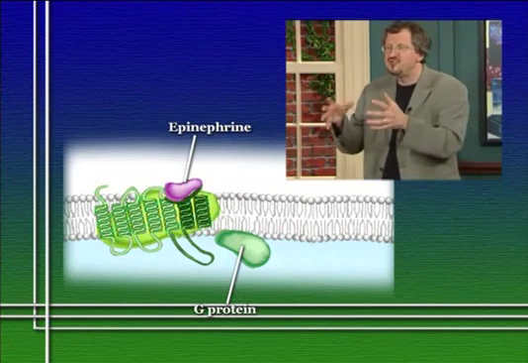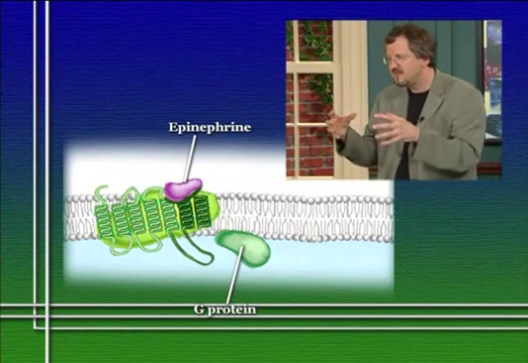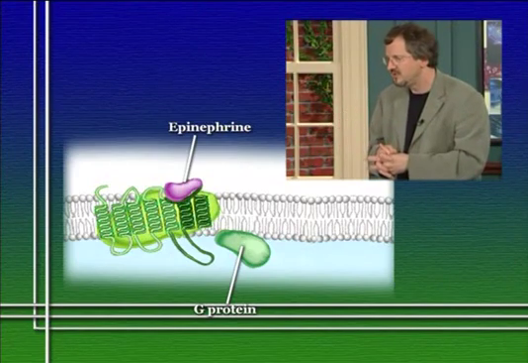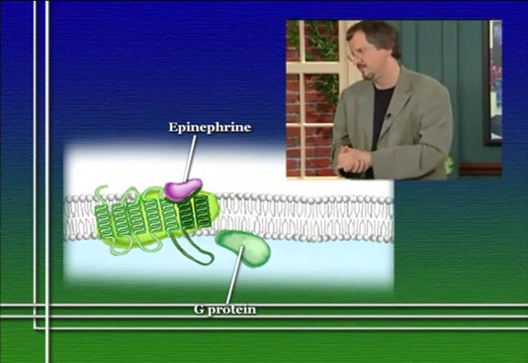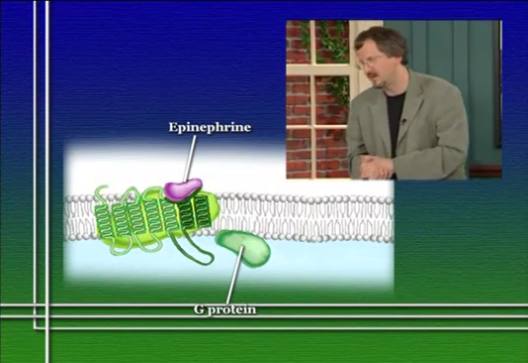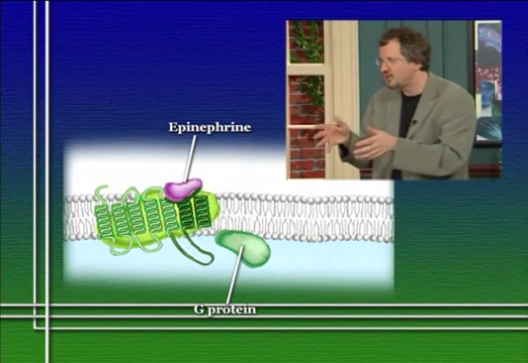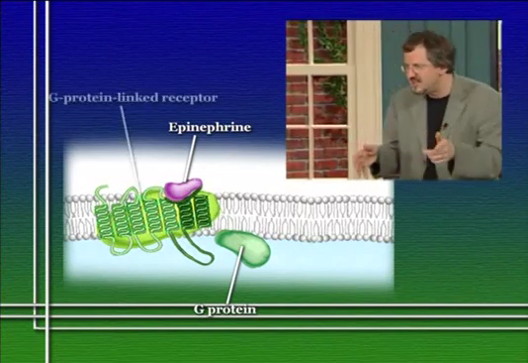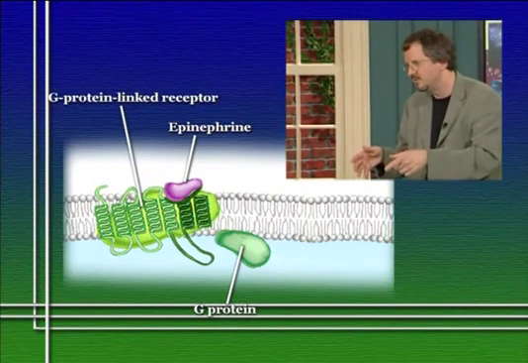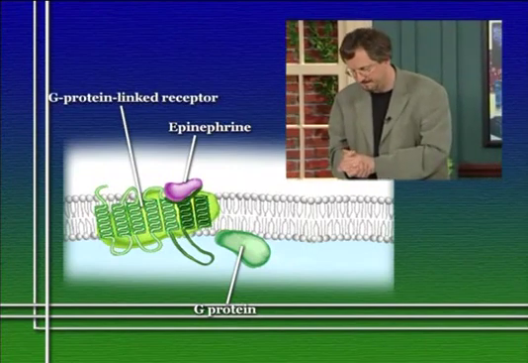The G protein generally is located quite physically close to the G protein-linked receptor. Okay, there's a lot of words there. The G protein is one protein molecule, and it occurs in adjacency to the G protein-linked receptor, which is another protein, a very big protein.